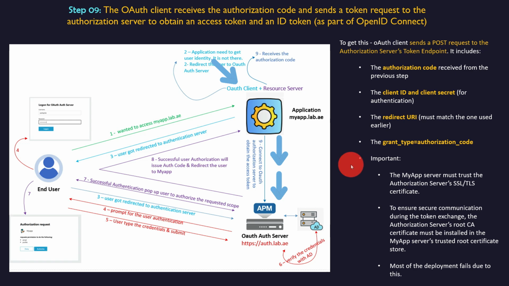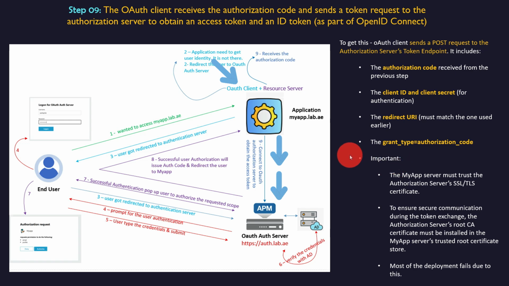This post request includes the authorization code received from the previous step, the client ID and client secret for authentication, the redirect URI, which must match the one we used earlier, and the grant type, which is the authorization code flow. Important point to note here.